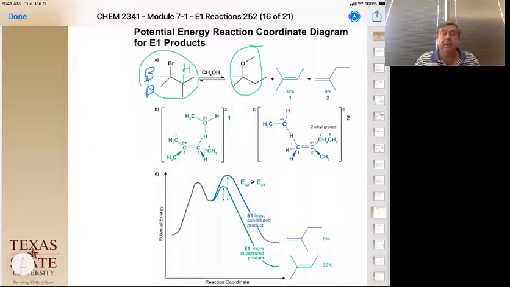But let's just look at the elimination reactions, okay? When we look at the elimination reactions and we're pulling the hydrogen off of the secondary carbon, it actually has a lower activation energy and a greater exotherm. It's the more thermodynamically stable product.